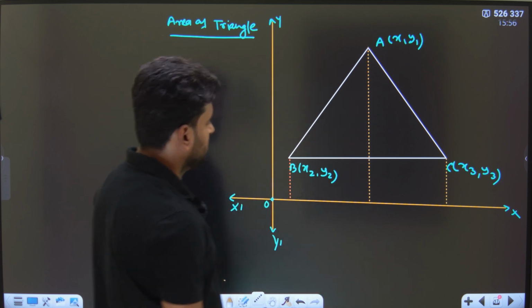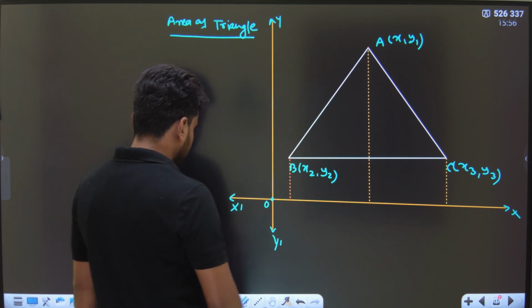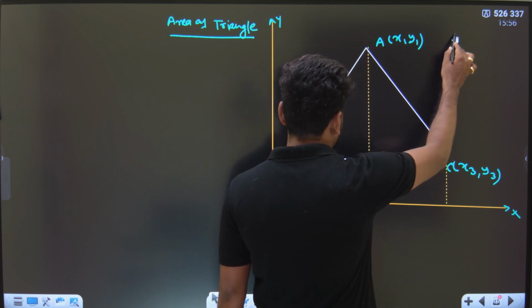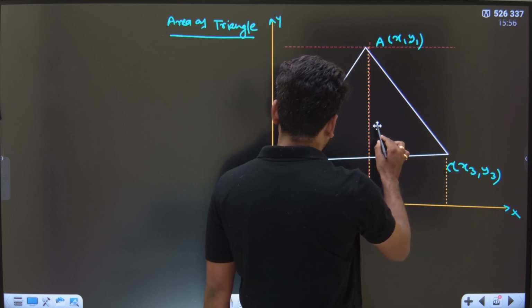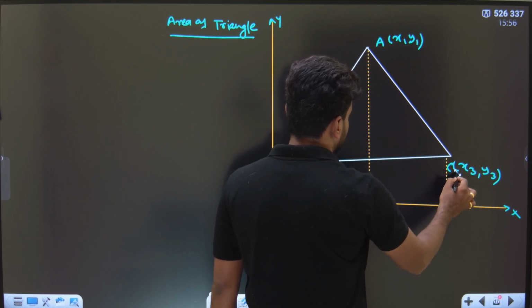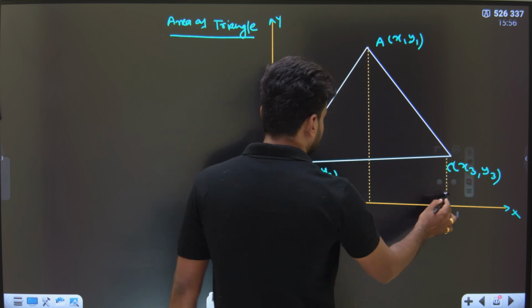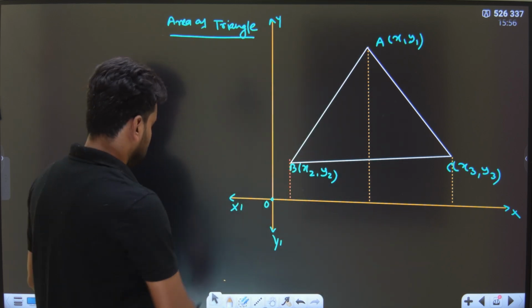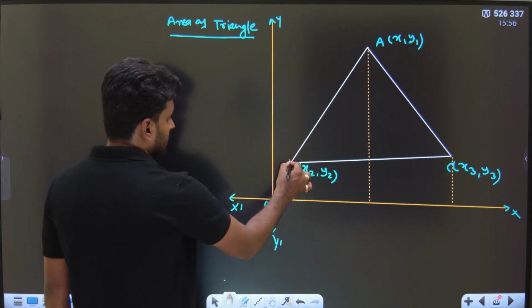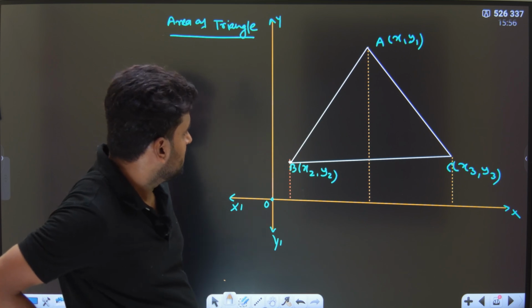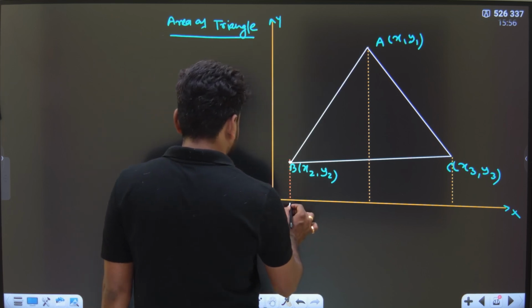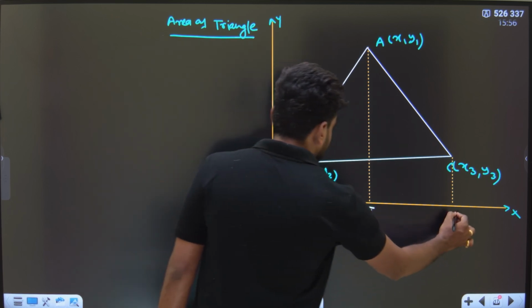Now you can see here is a trapezium, the name is suppose STU.